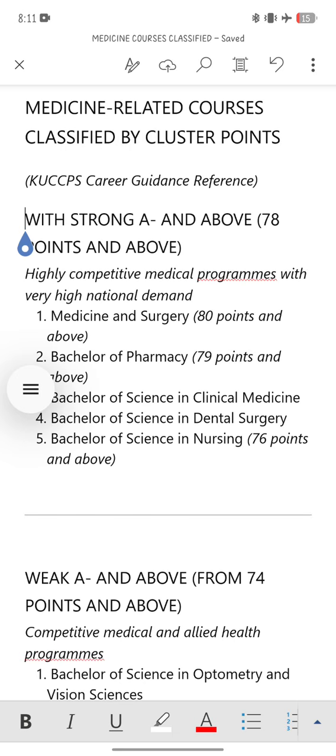You can qualify to do a certain course in terms of subject requirements and fail to meet the cluster points, therefore not fulfilling the two conditions of Kuccps, therefore not being eligible to do a certain course.